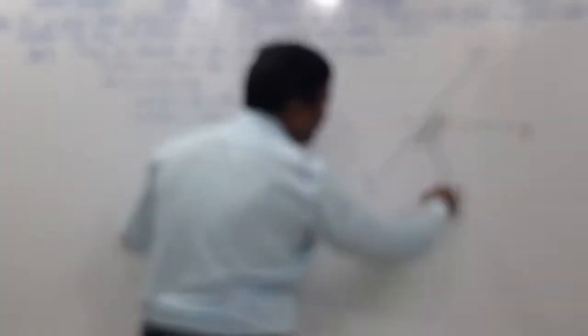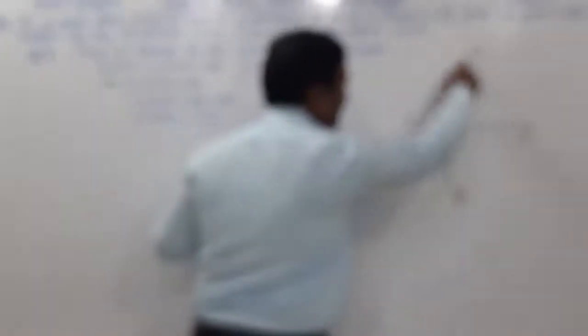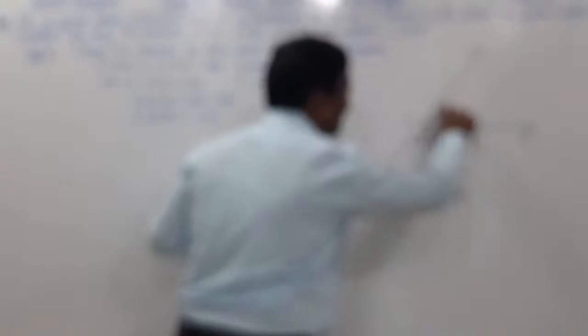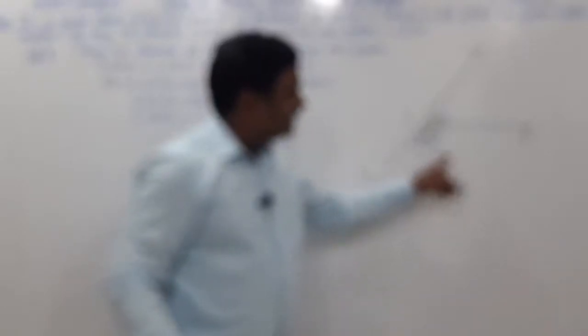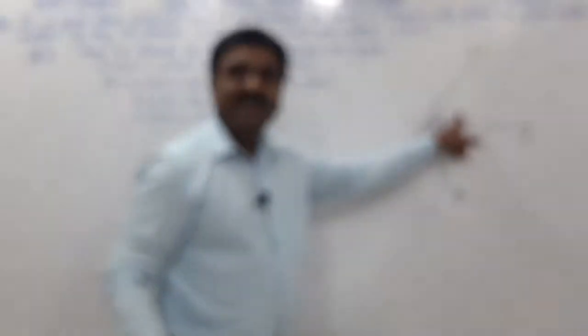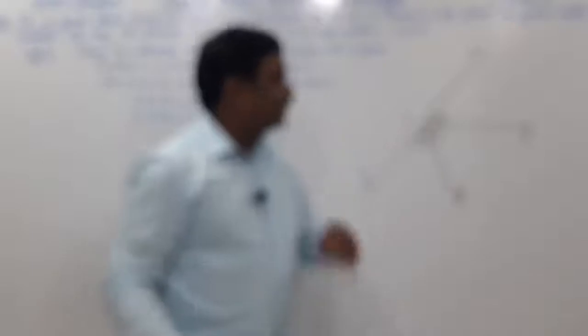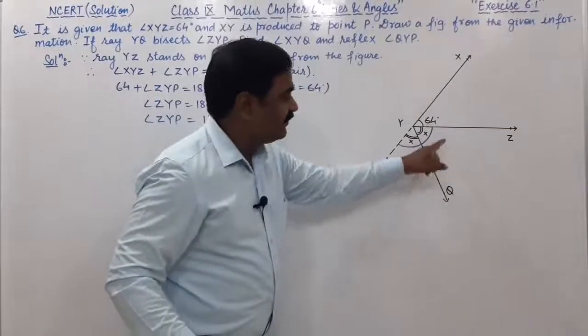Now we have to find out XYQ, this angle. ये एंगल फाइंड करना है. इन दिस एंगल, दिस मीन्स जेड वाई क्यू पहले फाइंड कर लेते हैं, एंड इन दिस यू हैव टू ऐड 64. यू विल गेट एक्स वाई क्यू. सो एज यू नो दैट दिस वाई क्यू इज द बाइसेक्टर ऑफ एंगल दिस.